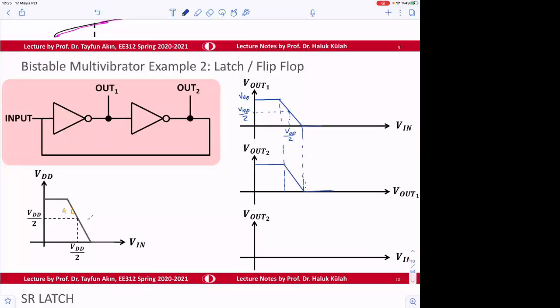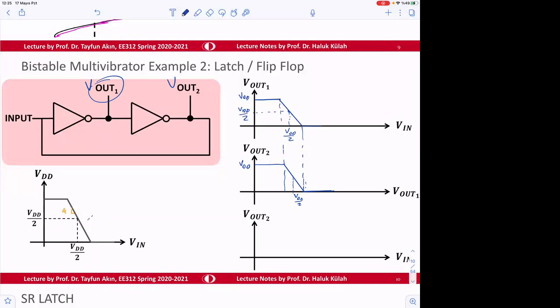And then this is how it's going to be giving the response. So this is VDD divided by 2, and this is VDD. So the Vout1, Vout2 graph is going to be similar.